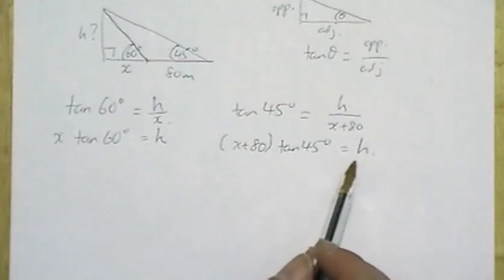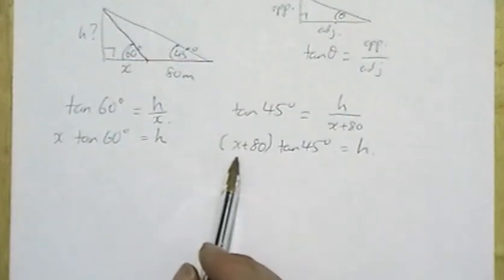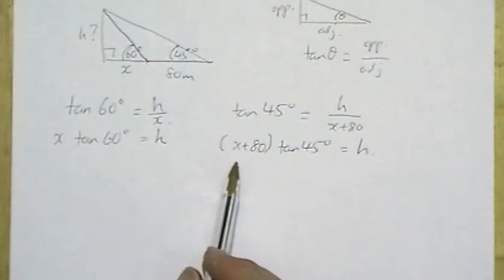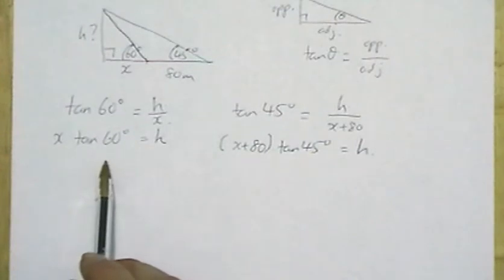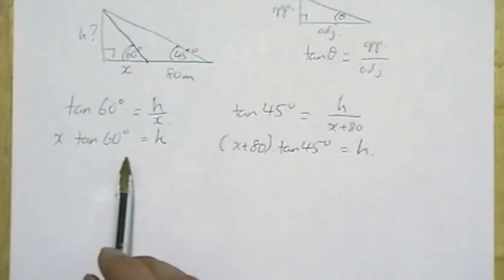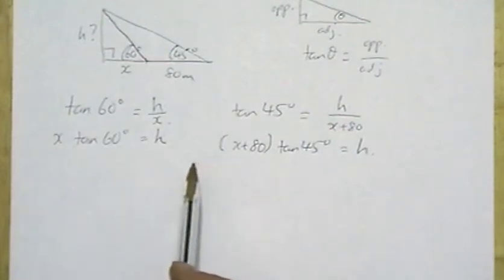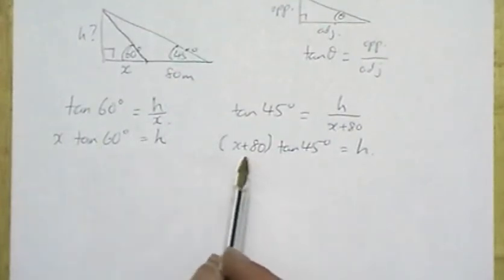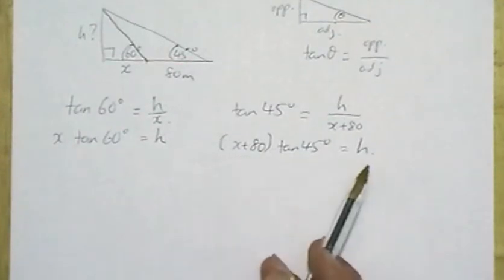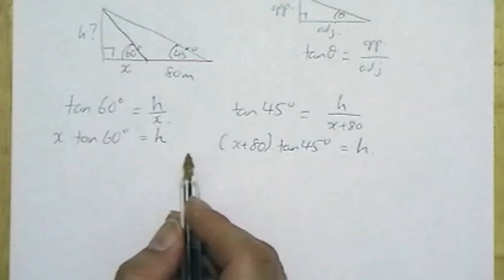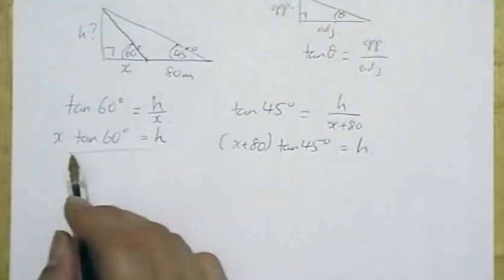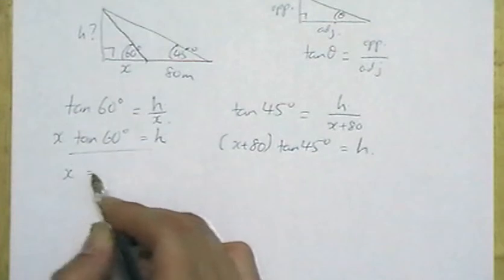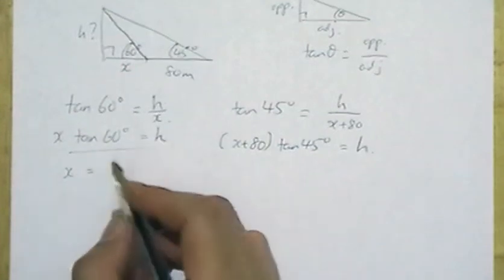Now h is really what we want to find. We don't really need to know x, but if I use the method of substitution, that means if it's easier to find x first, I can use that and substitute into here to get the final answer. So if I look at this, I can make x the subject if I divide both sides by tangent 60.